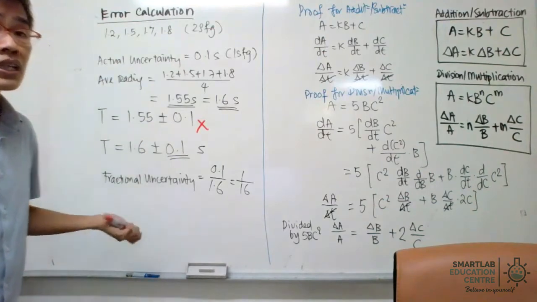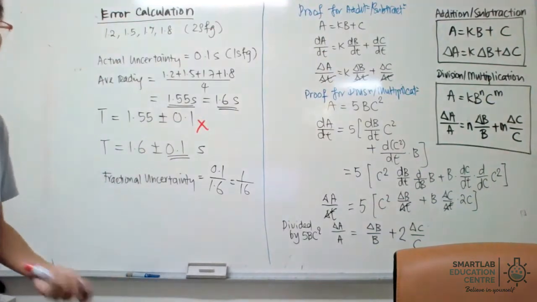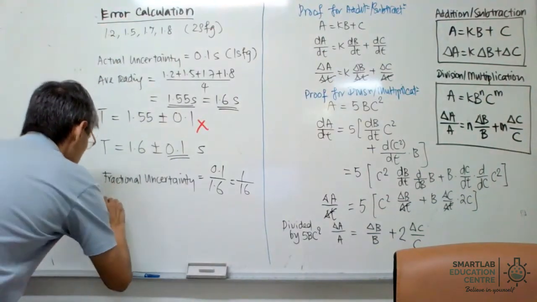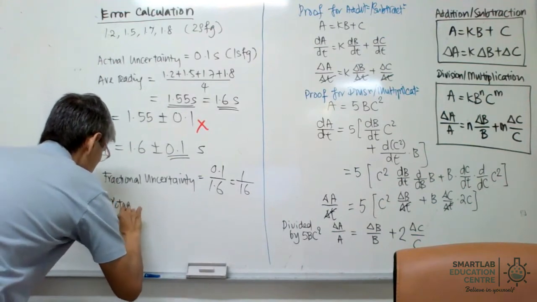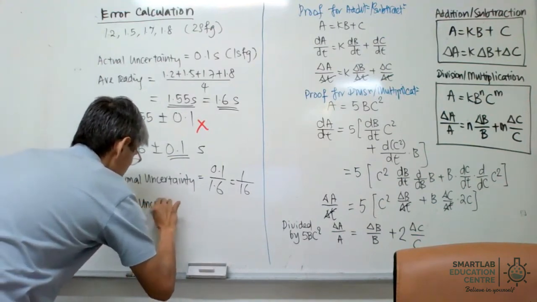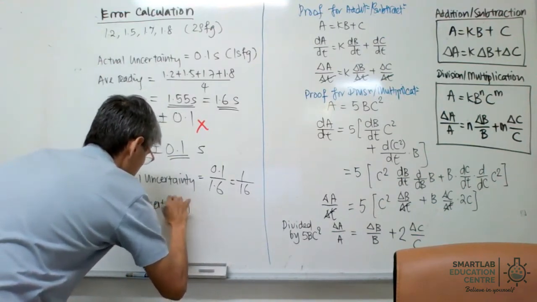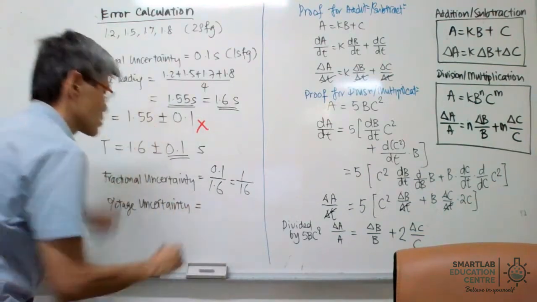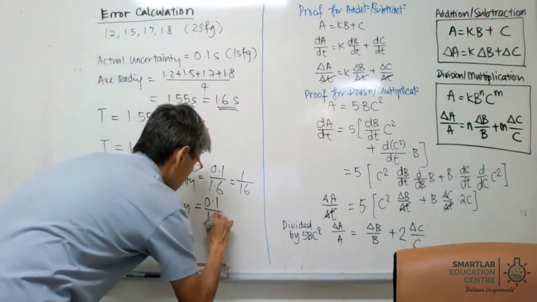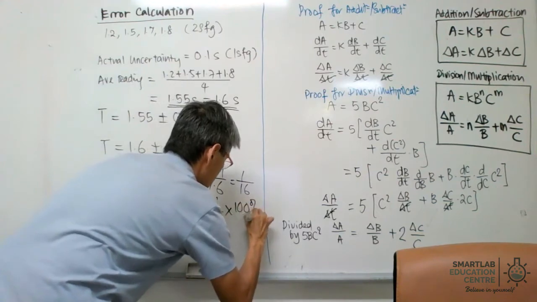And this is probably the only time in physics that you will leave your answer as a fraction. The other one is obviously your percentage uncertainty. So percentage uncertainty is 0.1 over 1.6 times 100%.